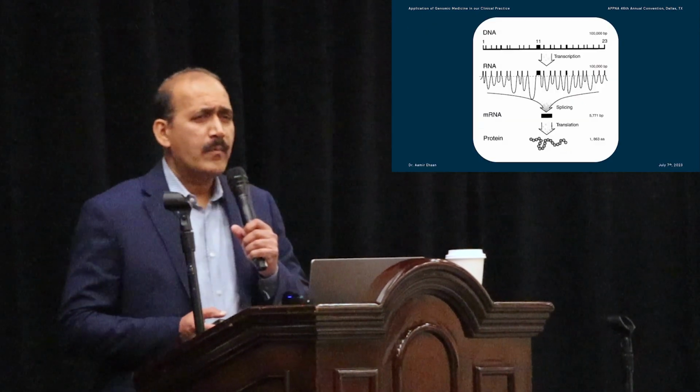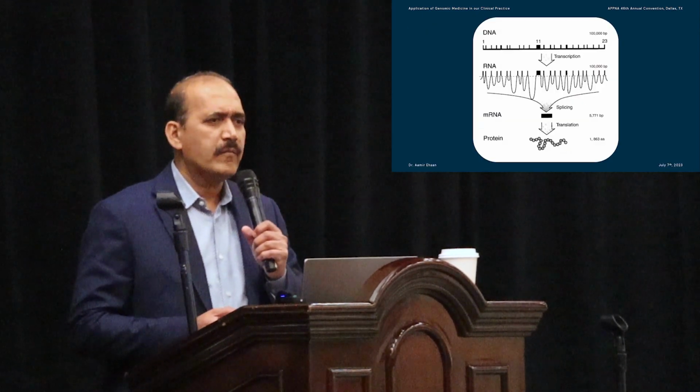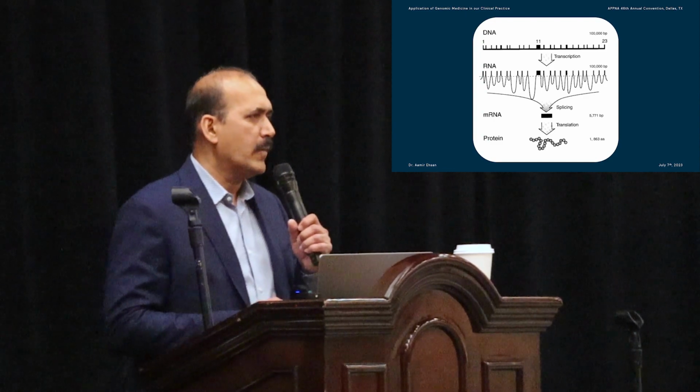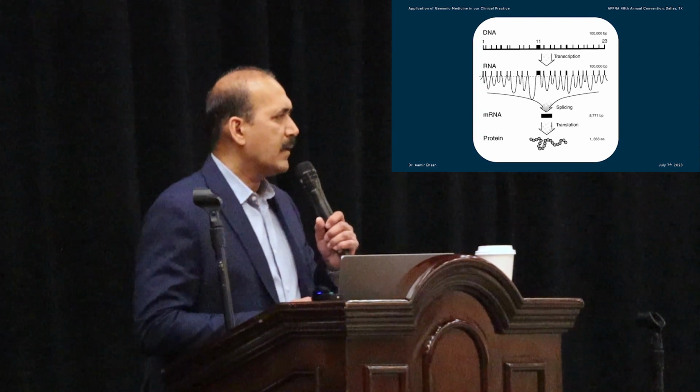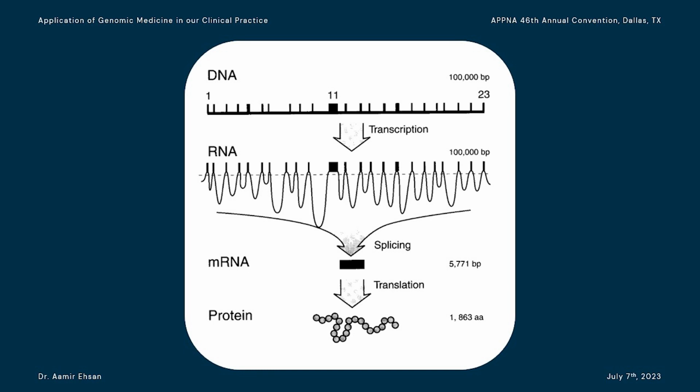So this is a very brief summary of all goes on into the genomic medicine based on our medical school knowledge that we have, that it all starts with simple DNA transcription going into RNA, and RNA making a protein.